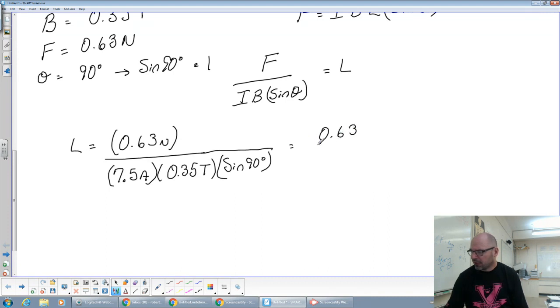0.63 over, and sine 90 is 1, so we can just multiply that by 1, so it's 7.5 times 0.35 times sine 90, or 1, equals 2.625.